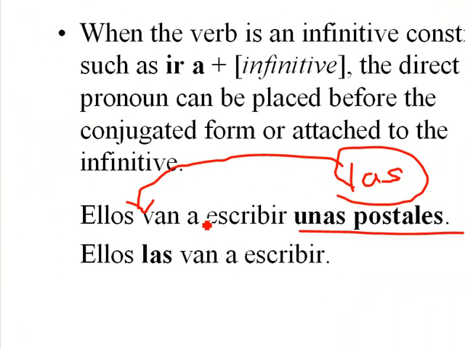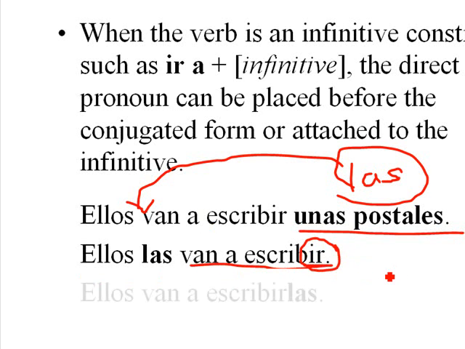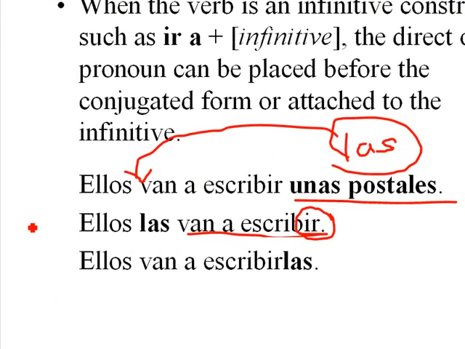Ellos las van a escribir. But escribir is an infinitive. This verb phrase ends in an infinitive. So we have the choice to say ellos las van a escribir or ellos van a escribirlas. You'll see this many places and hear it with people speaking. However, if you prefer, you can stick to this version because it's just as correct as the other. And this one is a little bit easier because it follows the pattern.